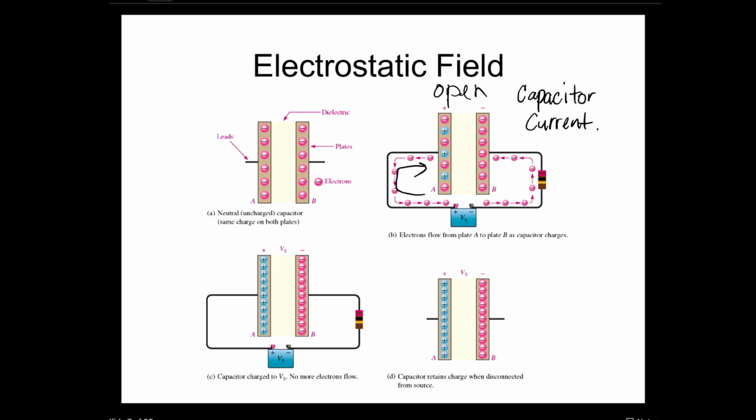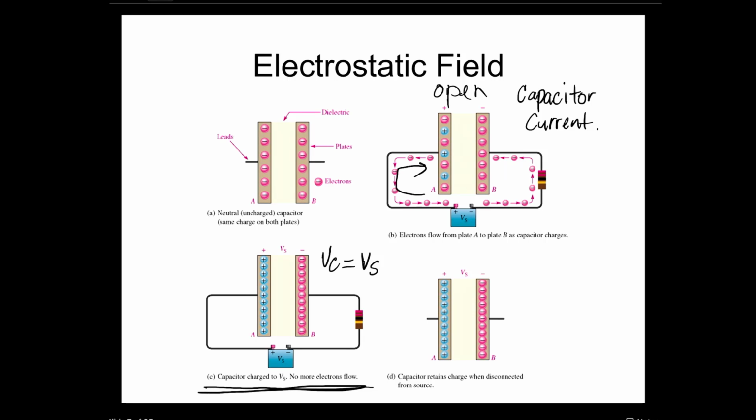So notice how here in this statement it says capacitor charged to a value of V source. That means at that point in time, the value of VC is going to equal Vs, and now we have a charged capacitor and there is no more current flow in the circuit.